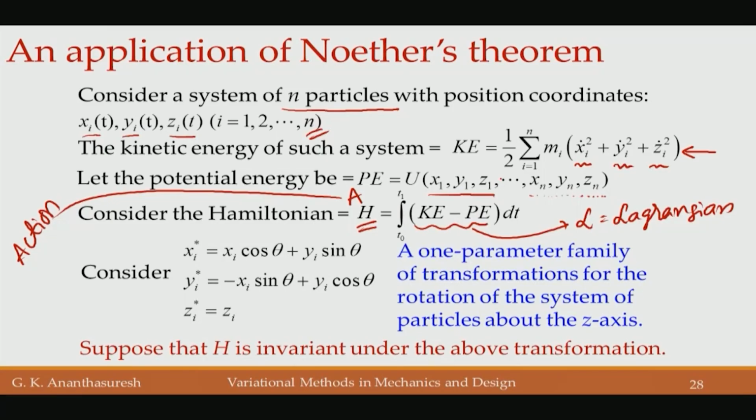Now, we consider this one parameter family of transformations, that is why I said the alpha is now theta. We are rotating, because these things that we have are for a particular coordinate system that you have chosen. What if I change the coordinate system? I am rotating the coordinate system about the z axis.